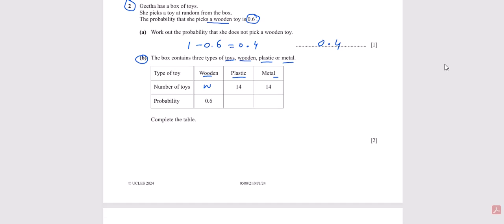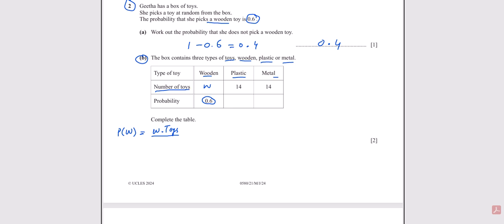First of all, we find the probability. The first probability is already given, so from this probability we find the number of toys. Use the formula: probability of wooden is equal to wooden toys divided by total toys.